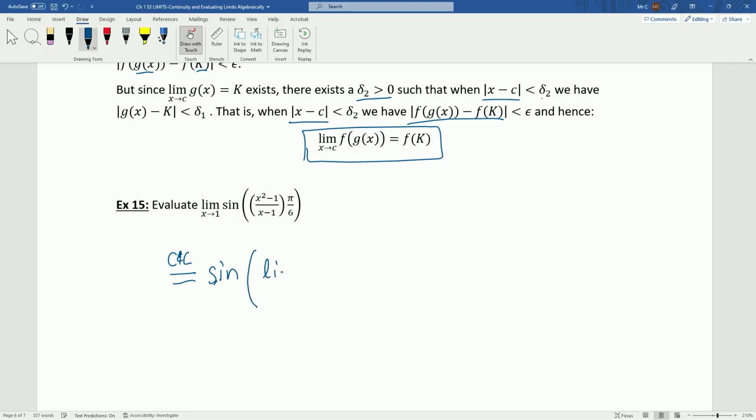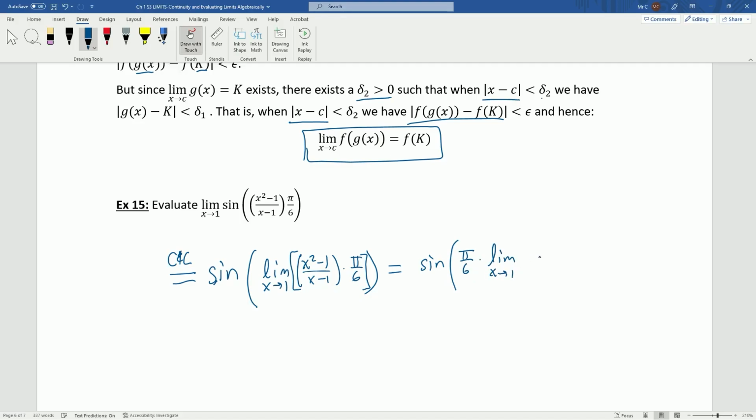All this theorem says is that I can move that limit inside. And now pi over 6, I can pull that out of the limit because it's a constant multiple. And we saw that in our limit laws from a previous section. So I pull that constant multiple pi over 6 out.